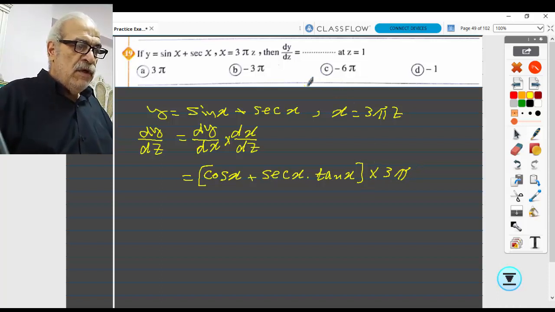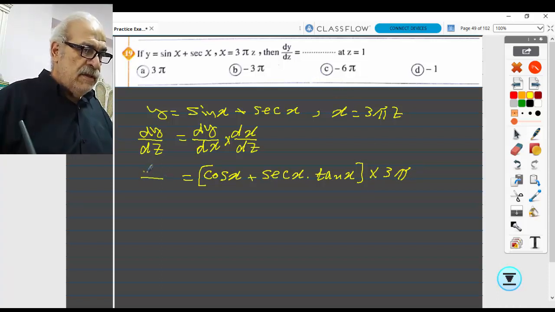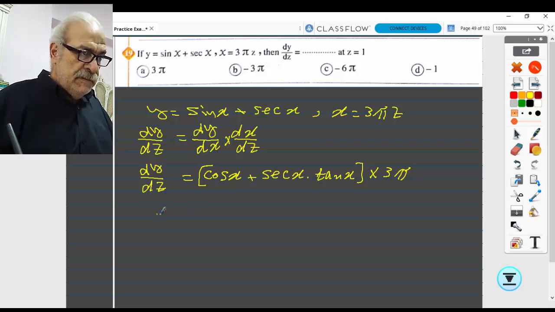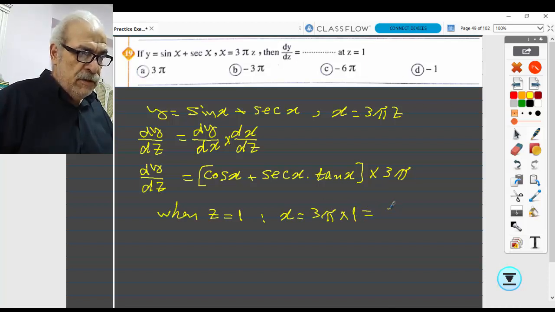Now we want to calculate dy dz when z equals 1. When z equals 1, so x equals 3 pi times 1, which equals 3 pi.